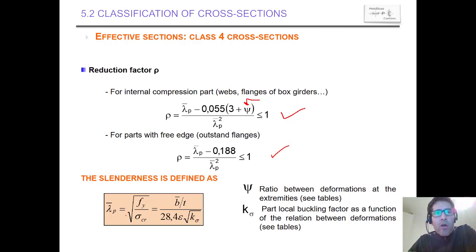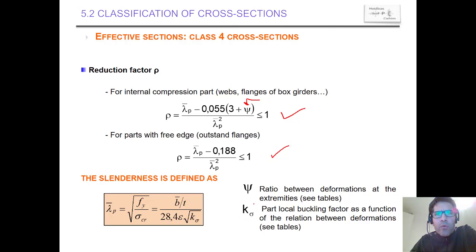And since we know this theoretical elastic critical buckling stress, which is dependent on the boundary conditions, b over t, fy, Poisson's ratio, and elasticity modulus, we can rearrange all these magnitudes, or multiply and put values into the initial numbers, and get to this final simplified form, which is b with a bar over t over 28.4 epsilon and the square root of k sigma.